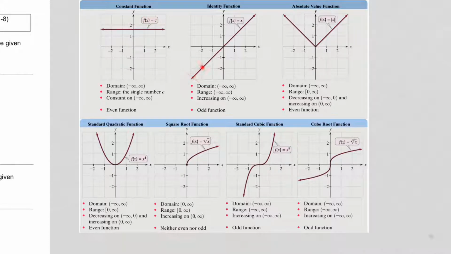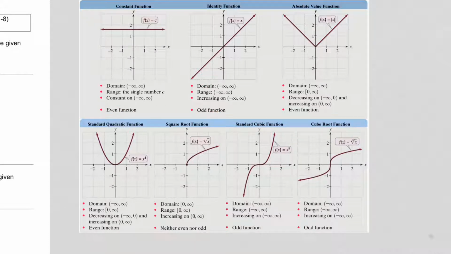We have an identity function, and these two are both linear. This one is variable, and it has a slope. It could be positive, negative, whatnot. And then both of them have pretty much the same domain and range.